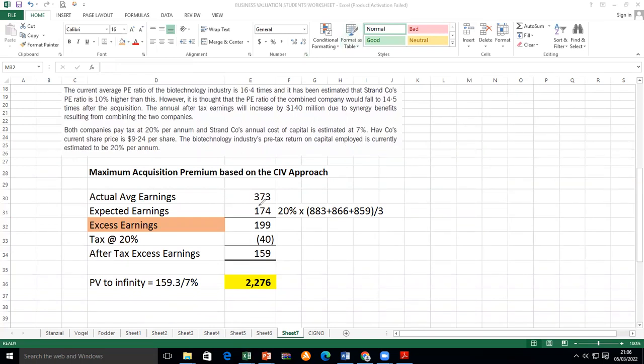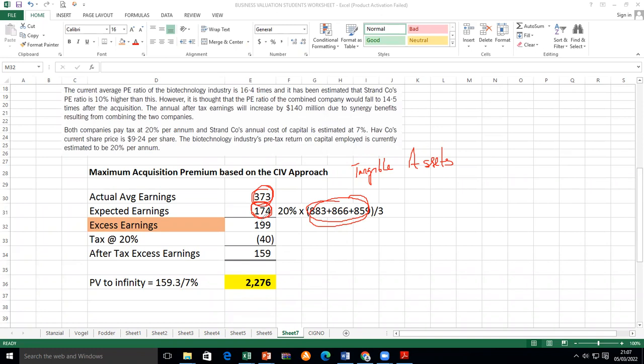This company is supposed to be earning how much? 174. Based on what? Based on the tangible assets. Yes. But how much are they earning? On average, how much are they earning? 373.